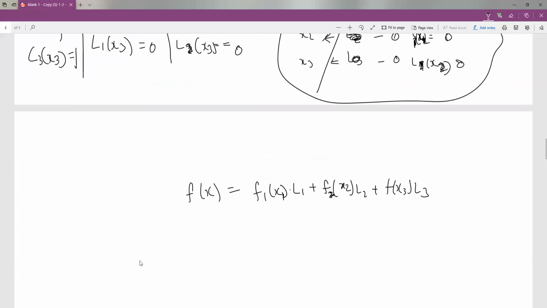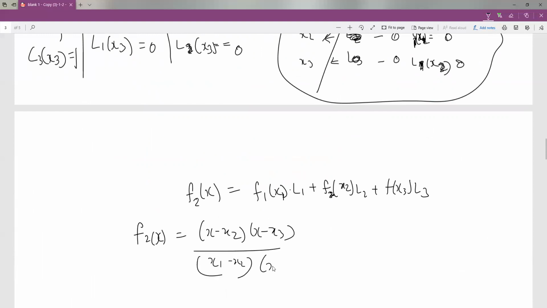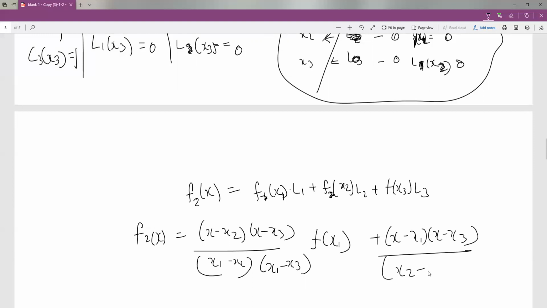So the second order Lagrange polynomial can be written like this: (x minus x2)(x minus x3) over (x1 minus x2)(x1 minus x3) times f of x1, plus (x minus x1)(x minus x3) over (x2 minus x1)(x2 minus x3) times f of x2.